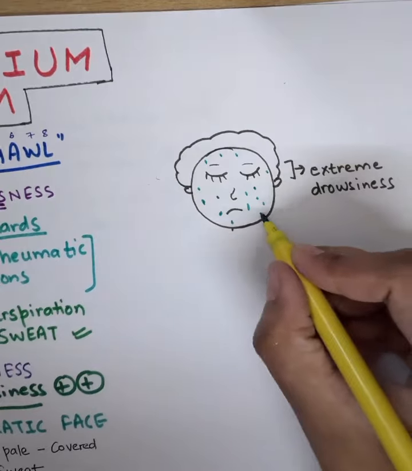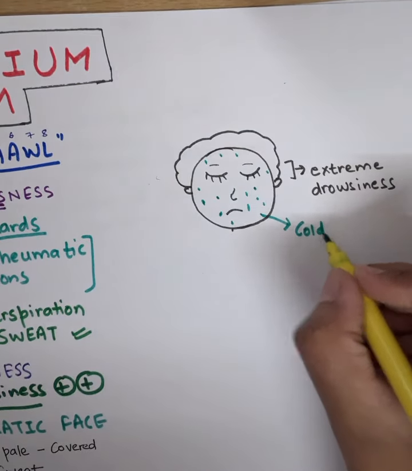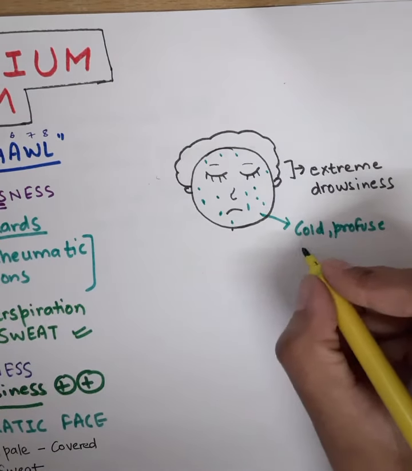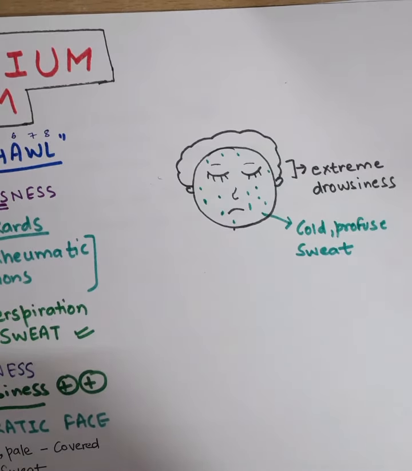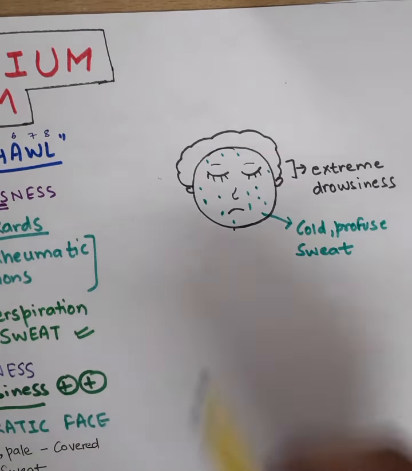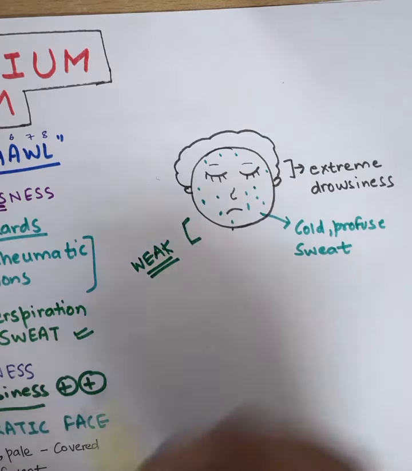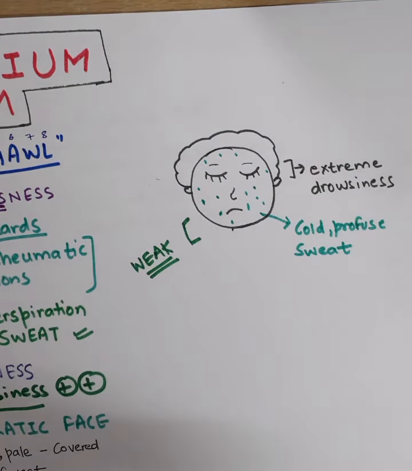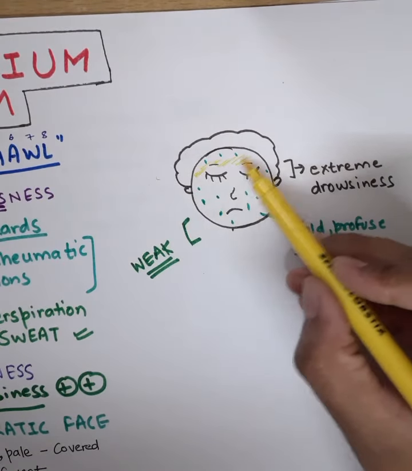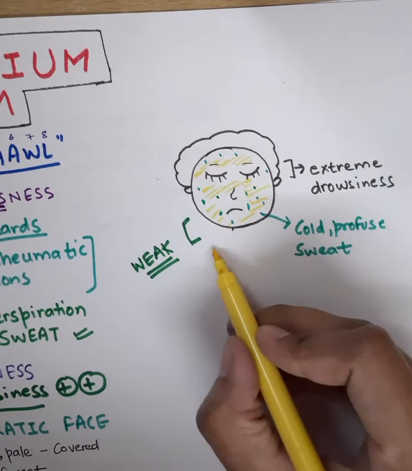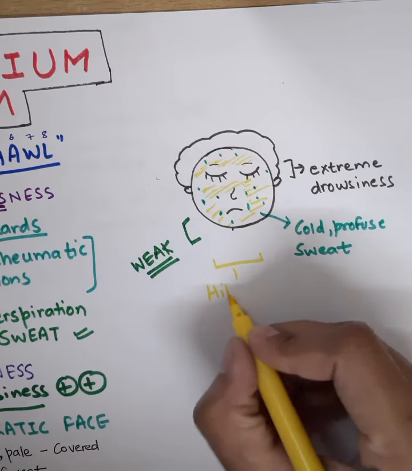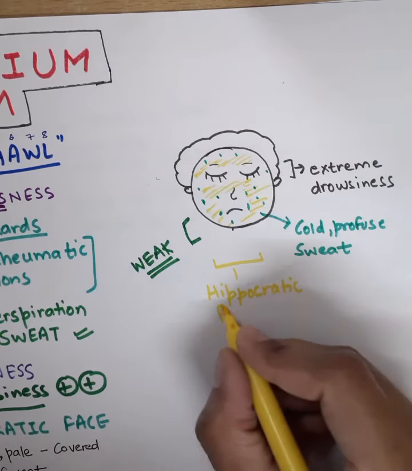Then we have profuse cold sweat, the weakness, and at last the paleness, which is just a significance for Hippocratic face.